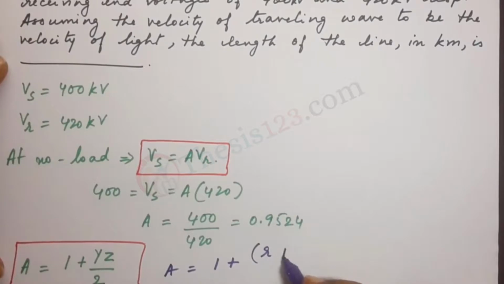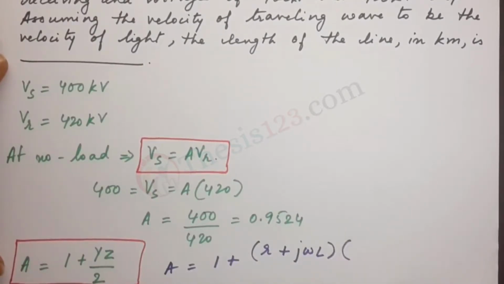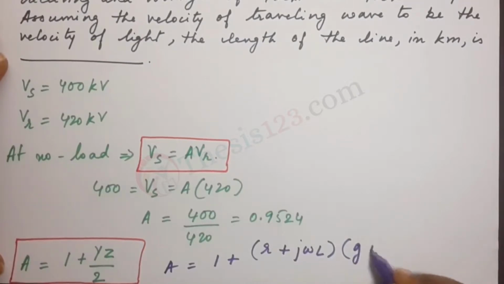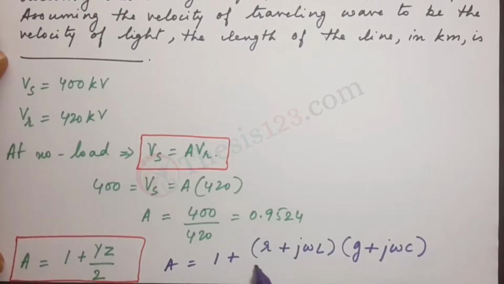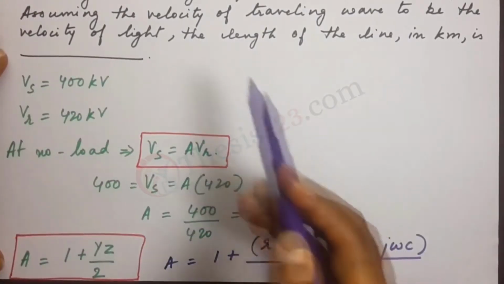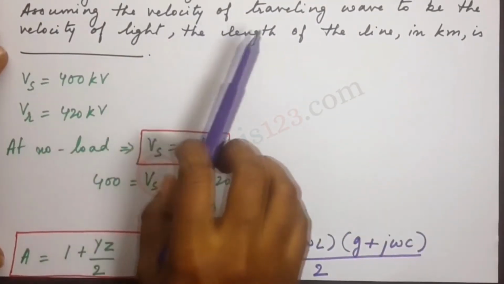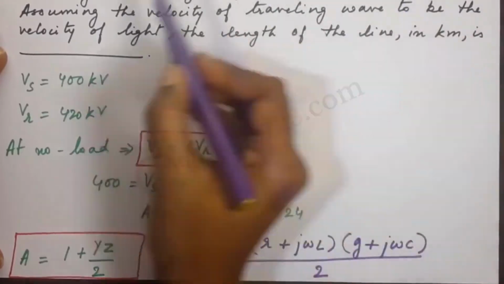as R plus J omega L into G plus J omega C divided by 2. Now since the question says that it's a lossless power transmission line, it says lossless.